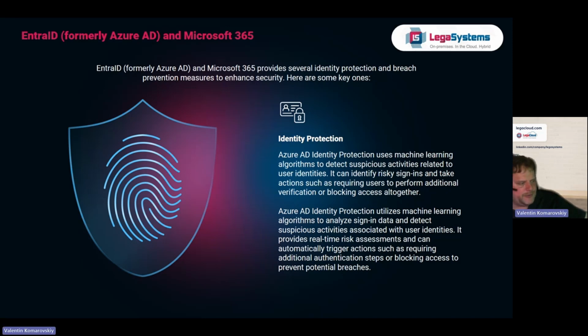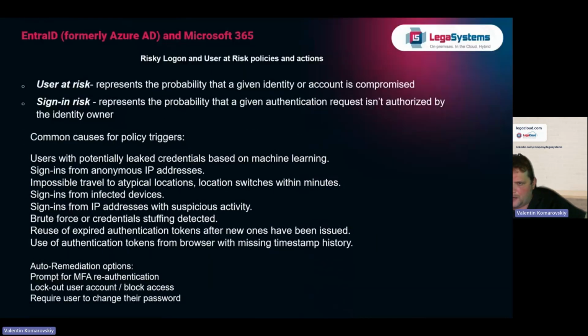So that's identity protection. To summarize, user at risk represents the ability to identify that a given account was compromised. Sign-in risk represents a probability that a given authentication request isn't authorized by the identity owner.